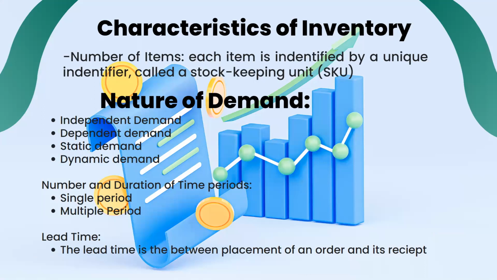Characteristics of inventory. Number of items. Each item is identified by a unique identifier called a stock keeping unit. SKUs are highly important and commonly used by retail stores, warehouses, and product fulfillment centers.